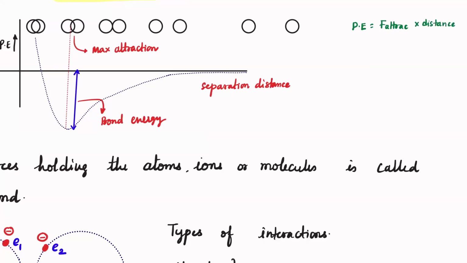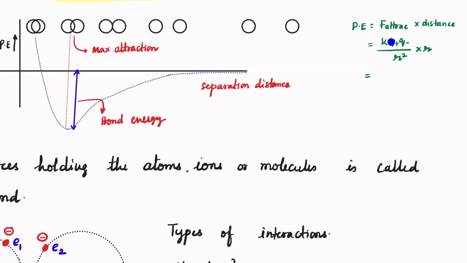So an attraction between the two charged particles is called the coulombic force, which I can write as k into q plus into q minus divided by r square, and the distance is r. Now I'll tell you this: positive charge nucleus multiplied by the negative charge electron. That is the product you are supposed to look into.